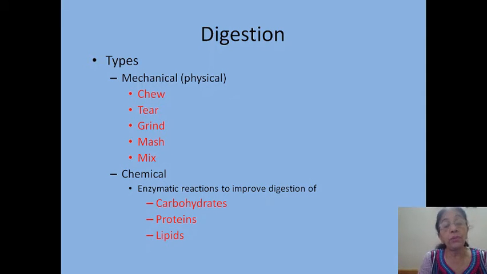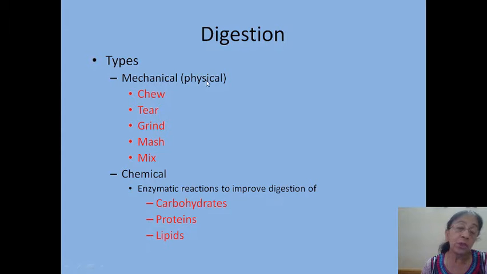Before studying the human digestive system, you must know that digestion is of 2 types: physical digestion and chemical digestion.